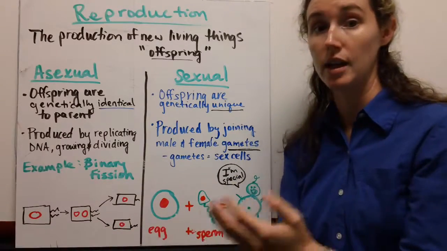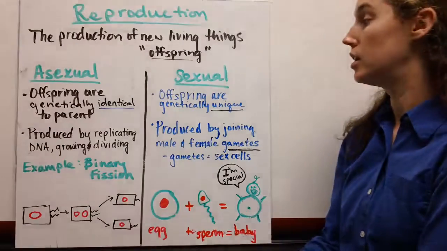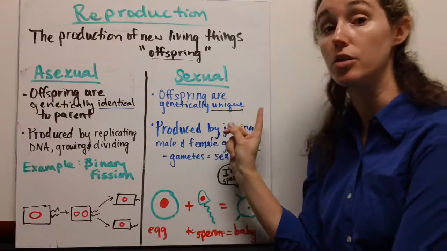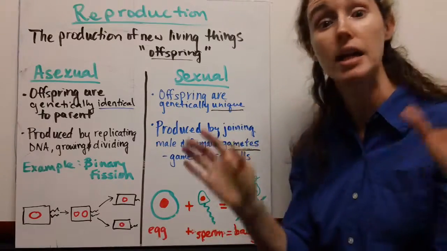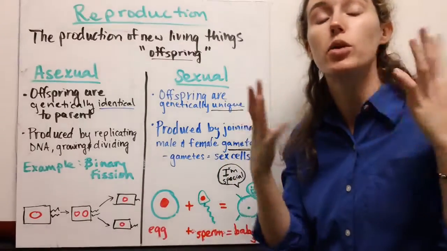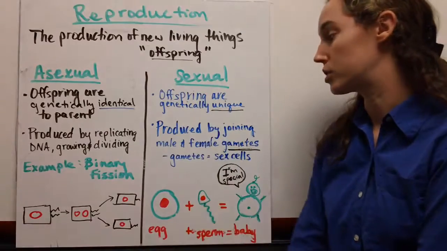On the other hand, there's sexual reproduction. And in sexual reproduction, the offspring that are produced are genetically unique from the parents and from any other living thing that has existed before it. So you're an original snowflake. We can say that thanks to sexual reproduction.